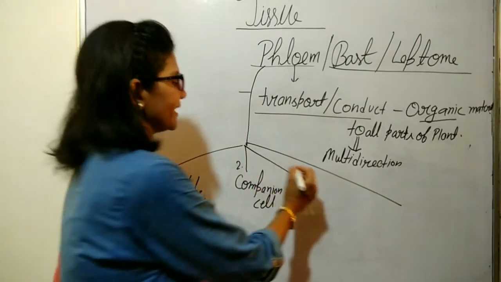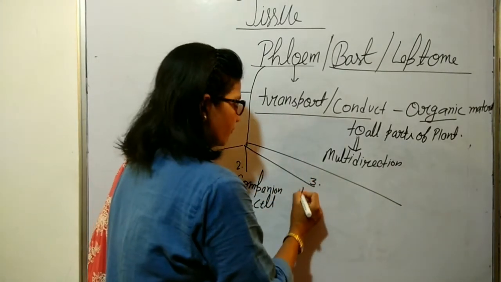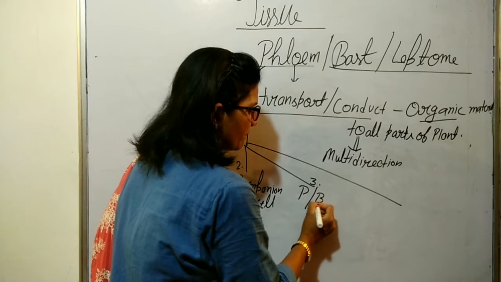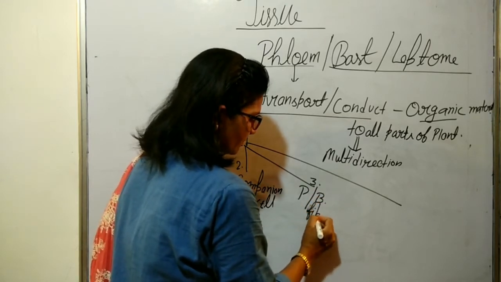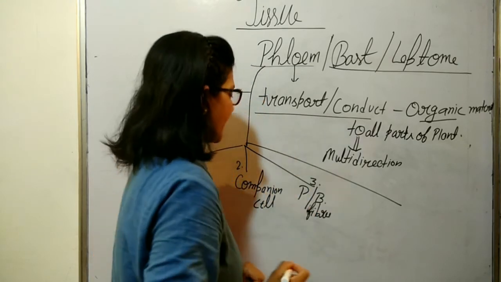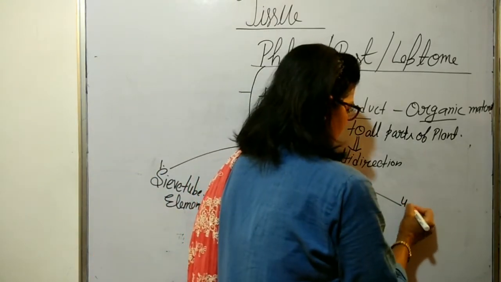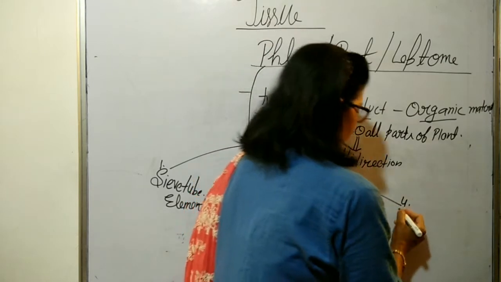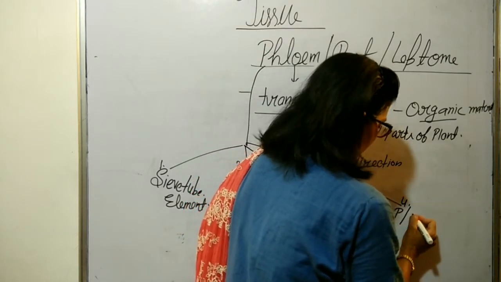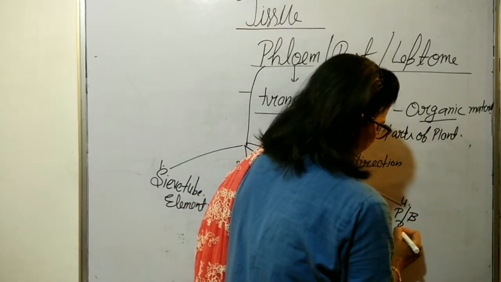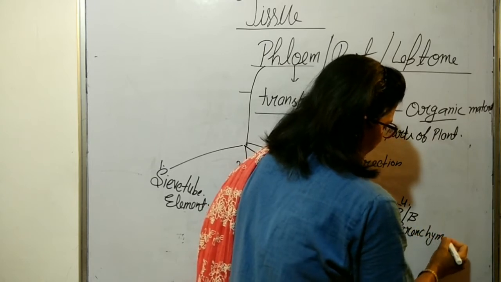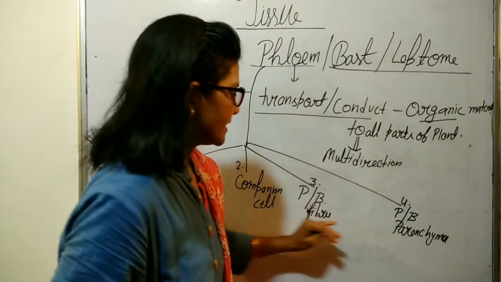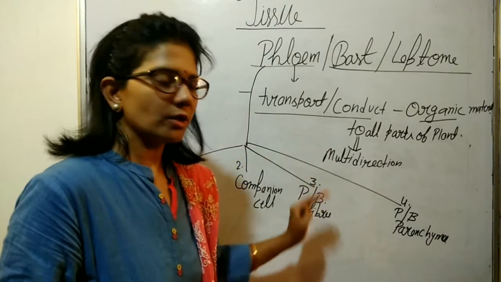The third is phloem or bast fibers. And the fourth is your phloem or bast parenchyma. Now you can see that these are the analogous of the xylem components.